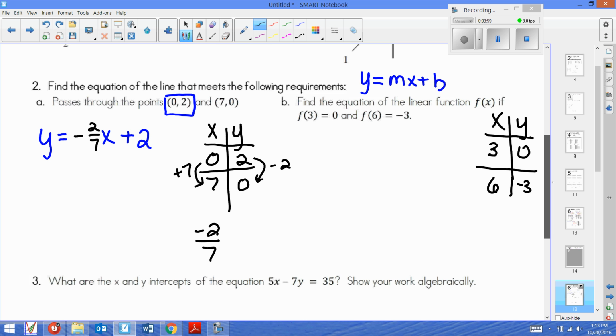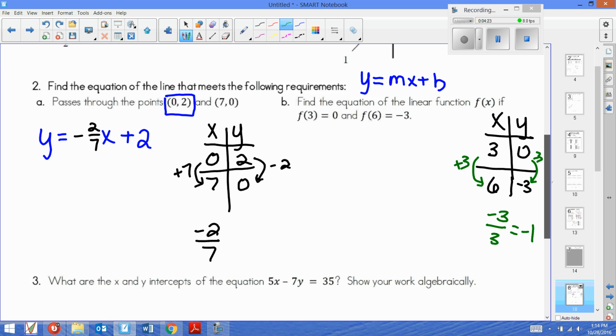But they didn't give us the y-intercept like they did before. They gave us an x-intercept, but that's not going to help me with my equation y equals mx plus b. So let's just start and find the slope. So this is -3. This is +3. So my slope is -3/3, which is equal to -1.